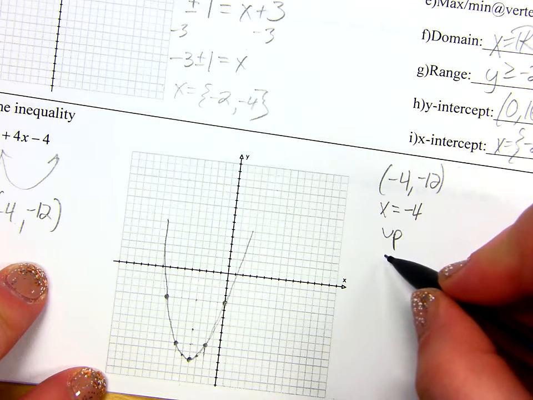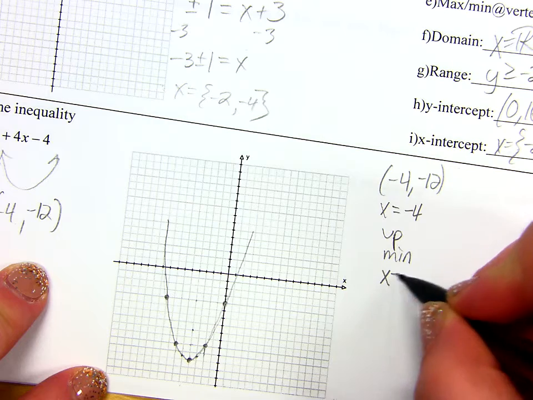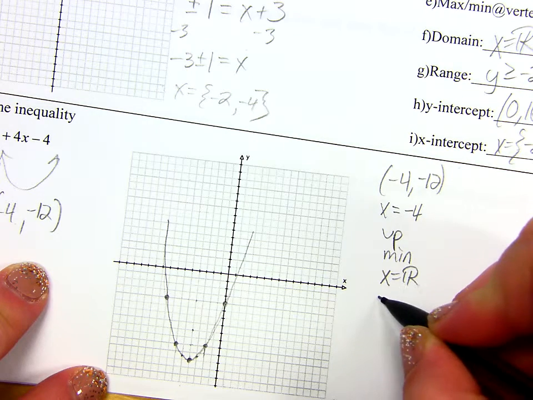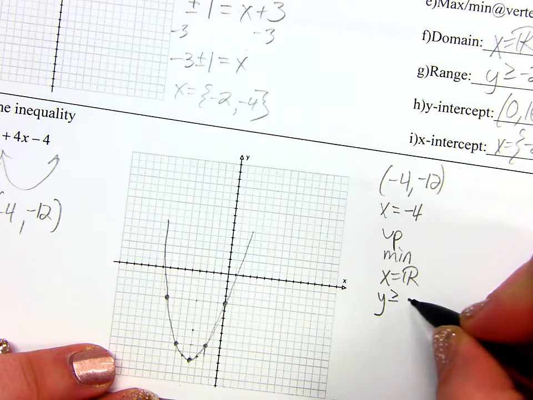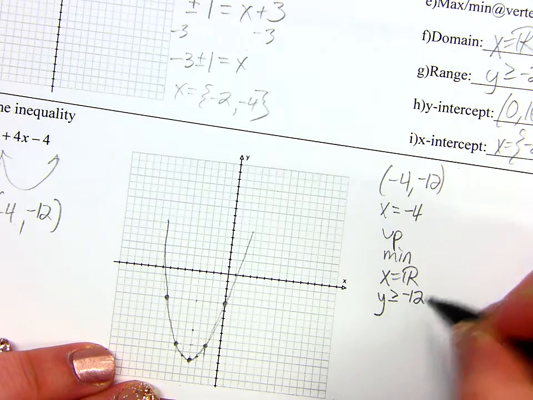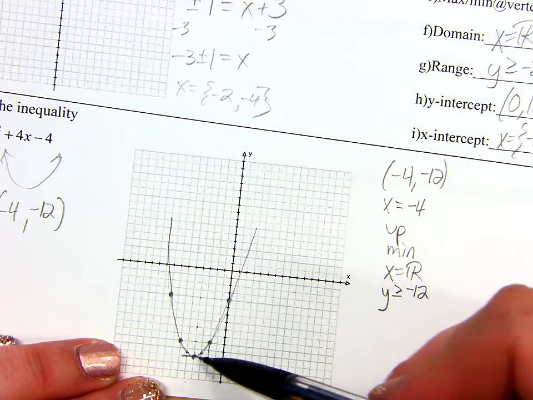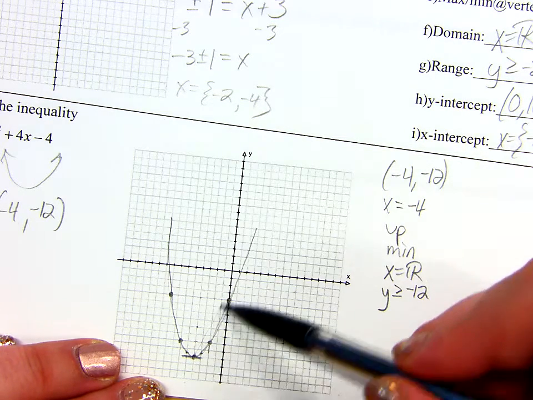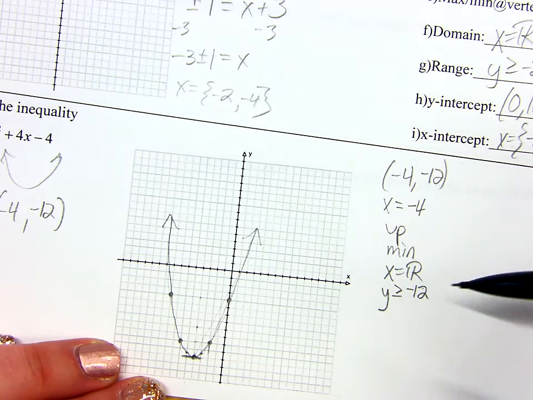Is it a max or a min? Min. The domain? X equals all reals. The range, y is, yes, greater than or equal to -12. That's all the y values I get out. The smallest one I get out is -12, and I'll get everything above that. So y's are going to be greater than or equal to -12.